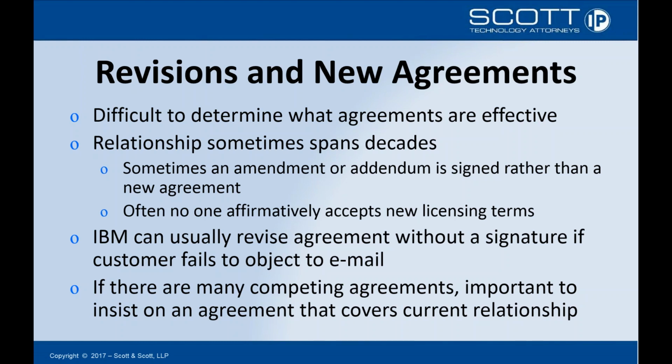If they're not signed, if some of them aren't dated, how do you know which ones are the most recent ones or which ones are the ones that are going to govern the relationship if there's a question? Sometimes you can't. Sometimes you're in the uncomfortable position when IBM initiates an audit that you have to say, we have no copies of any of our effective licenses for IBM products, and we need you, IBM, to send them to us.